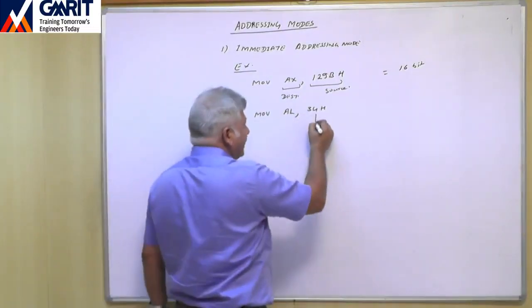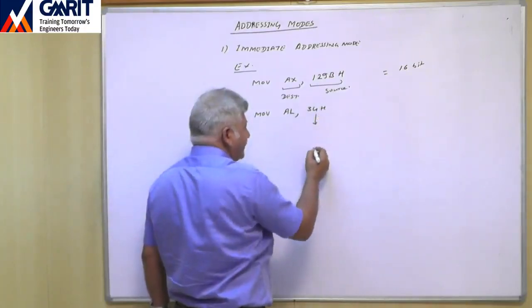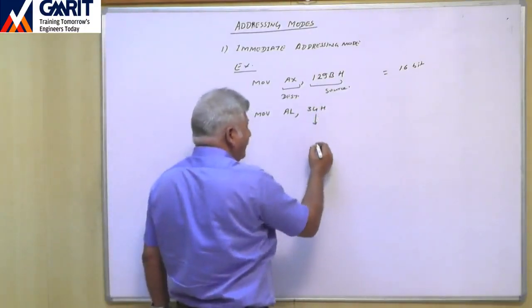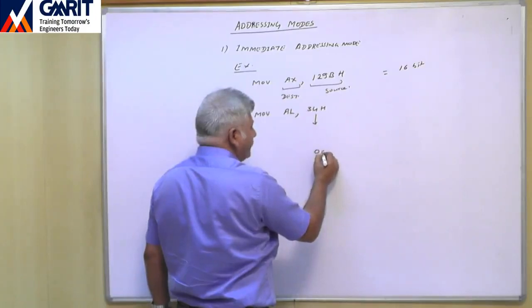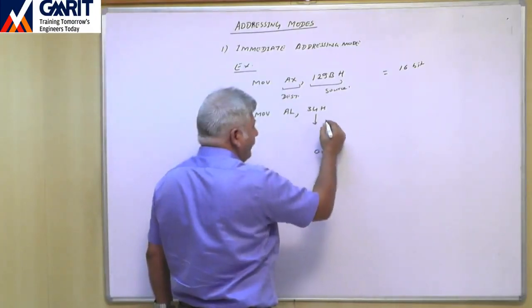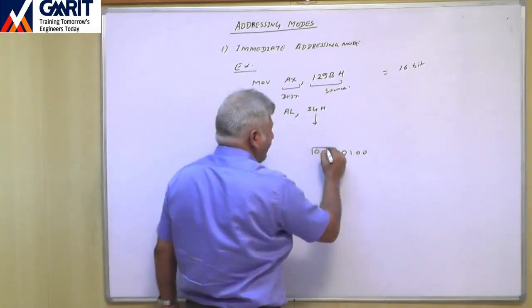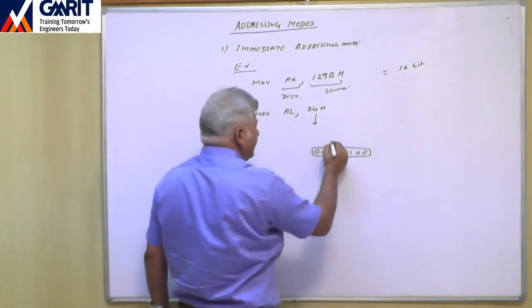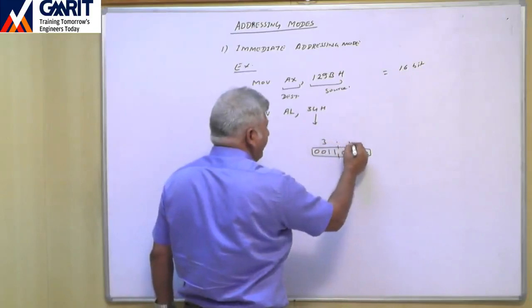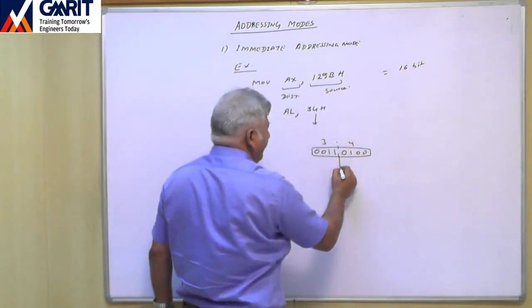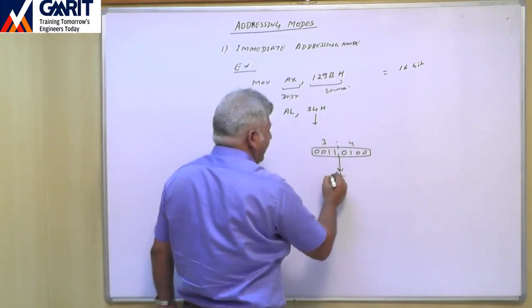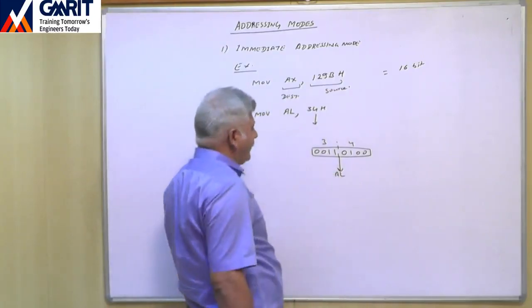Here 34H is in hexadecimal; converting to binary, 3 means 0011 and 4 means 0100. So these are the 8 bits, and all 8 bits will be moved into the AL register.